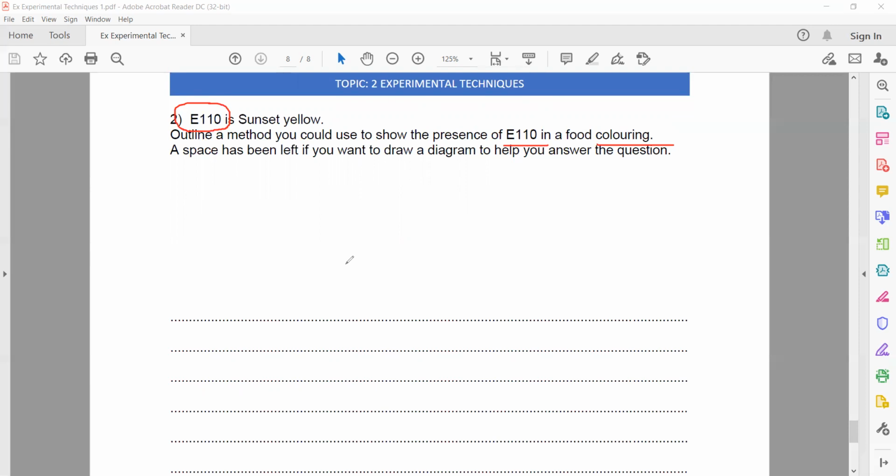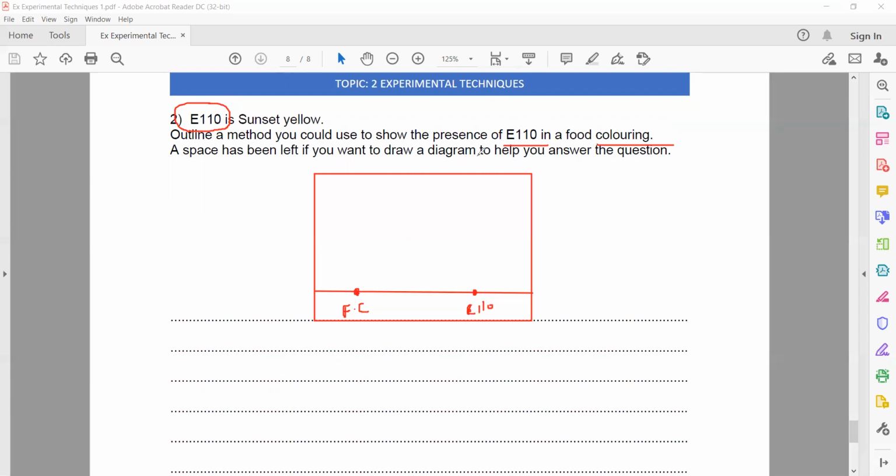First I will explain the idea and then I will type. We can take a chromatogram. We'll draw the origin with pencil, and then we'll place a food coloring here. I'm writing FC, meaning food coloring, and then we place E110, a sunset yellow color.